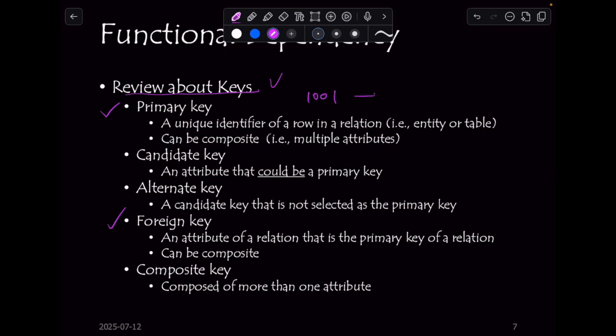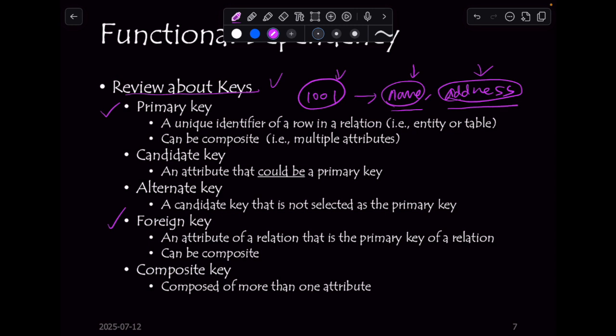We know the student's name and the student's address. In other words, given one value of a primary key, we can determine one name and one address. So primary keys work as a unique identifier that can be used to retrieve one value for other attributes.